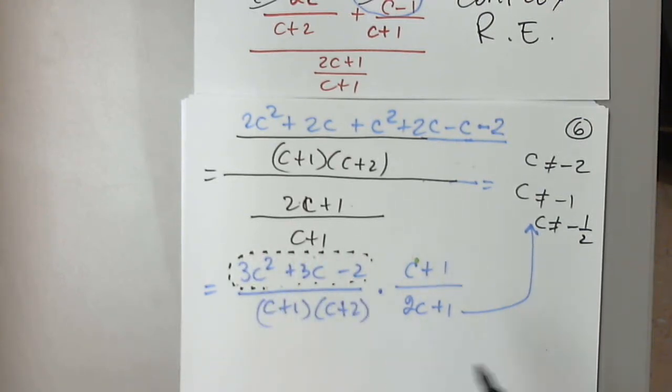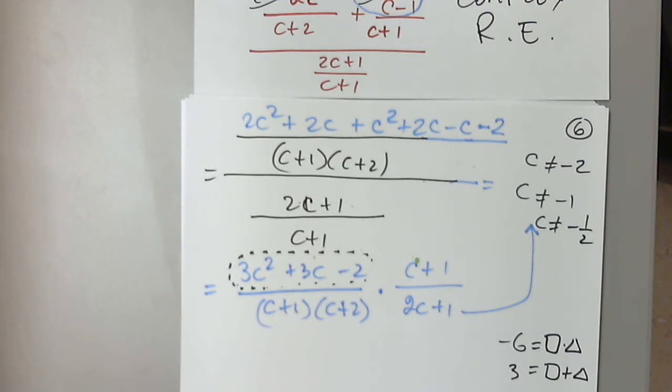So 3 times -2 is -6. So I want 2 numbers whose product is -6 and whose sum is 3. We have to try.